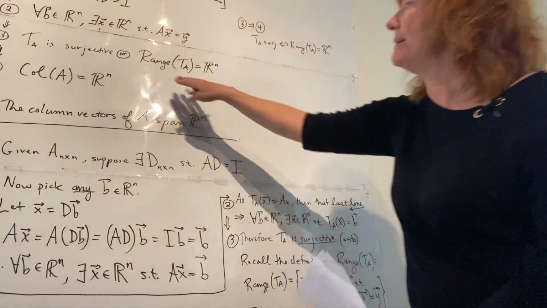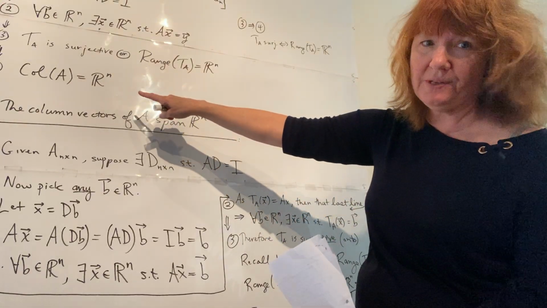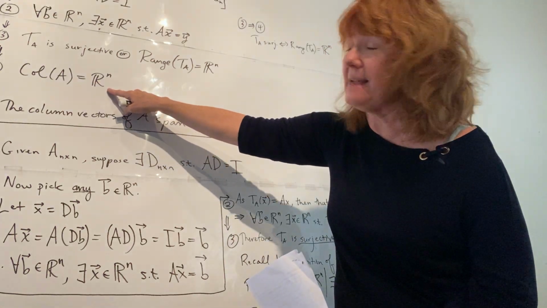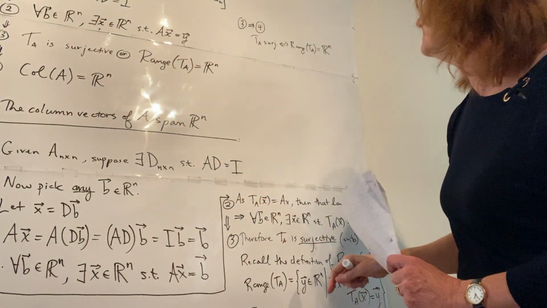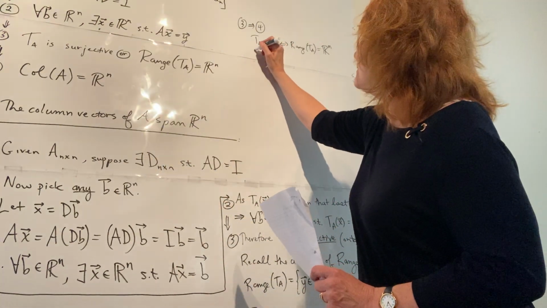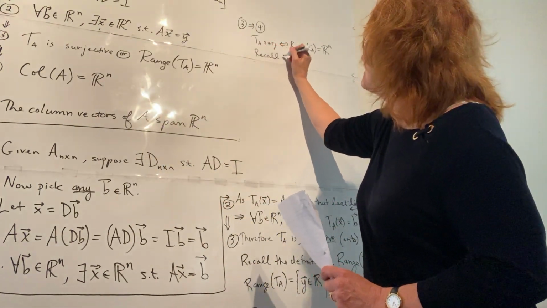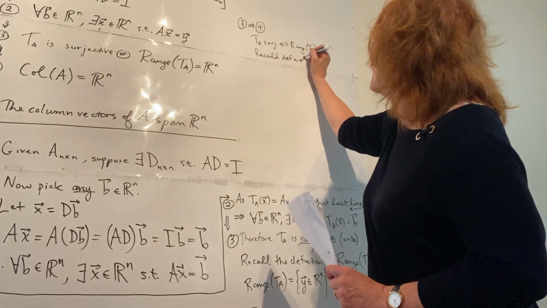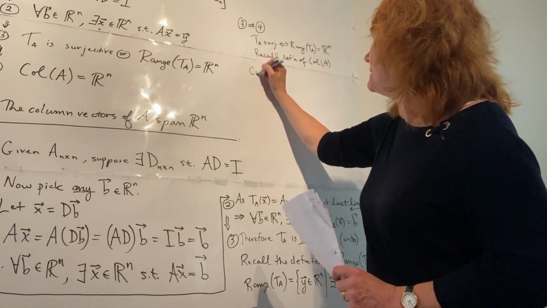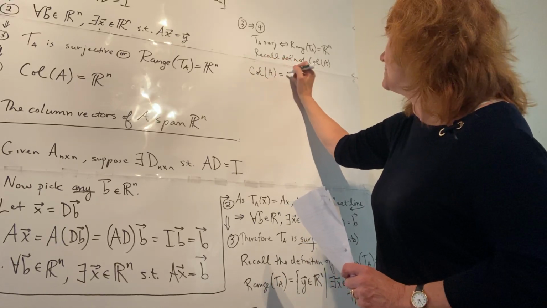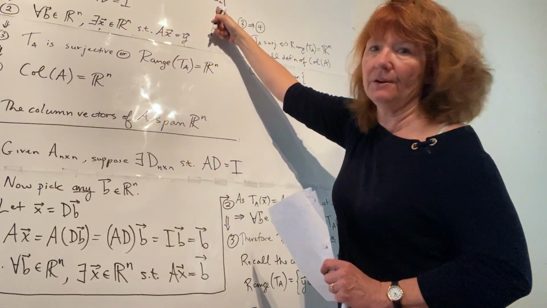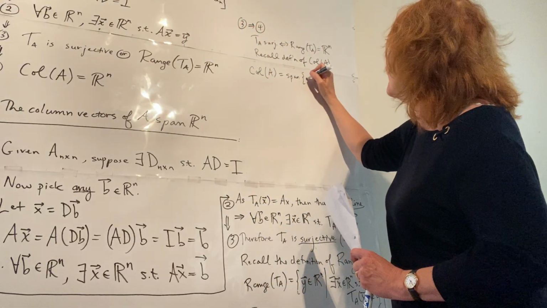What do I want to show that means? I'm going to show that that gives us that the column space of A has got to be exactly Rn. Okay, what is the column space? So recall the definition of column space. Column space of A is just equal to the span of the column vectors of A, which I called A1 through AN back there.